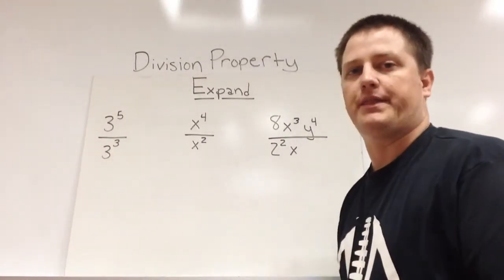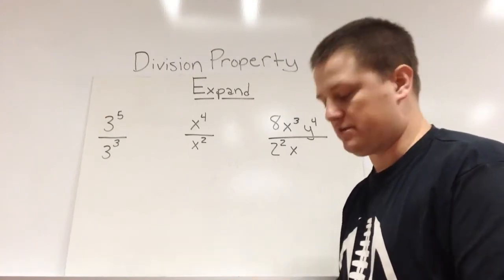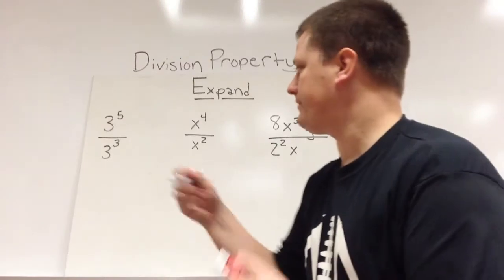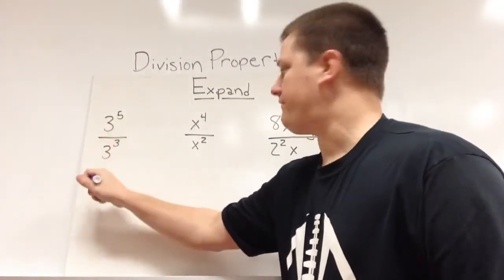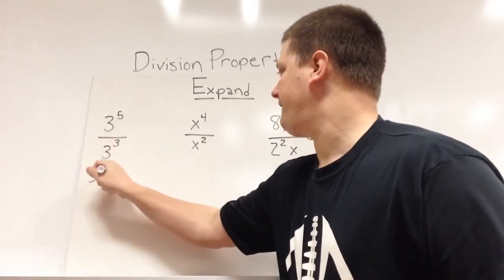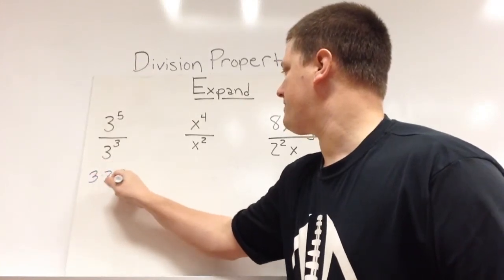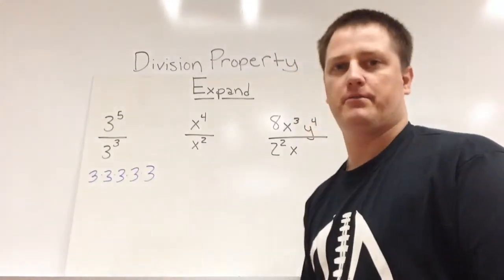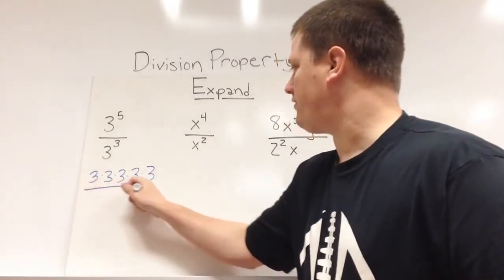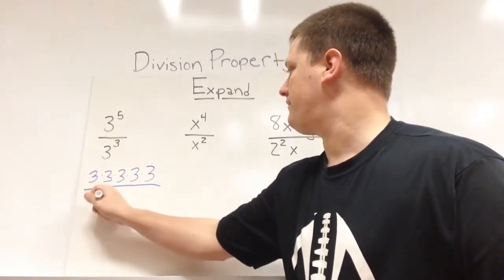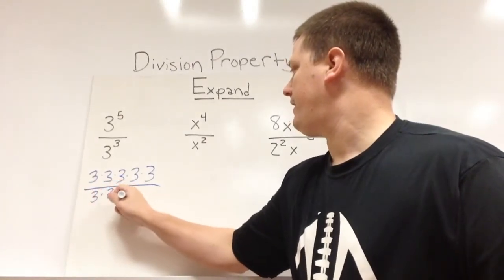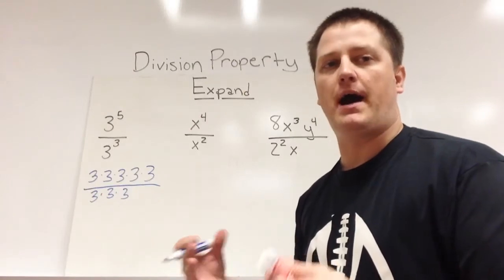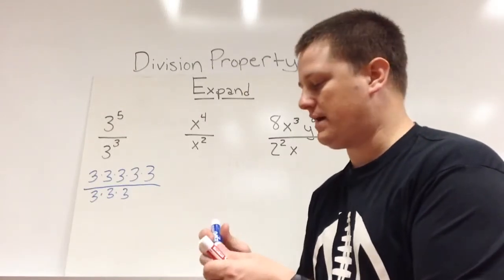So we're going to start with the basics of using expanding. So here we have 3 to the 5th over 3 to the 3rd. Well, 3 to the 5th can be written as 5 3s. 3 to the 3rd can be written as 3 3s. Well, division and multiplication are opposites of each other, meaning they cancel each other out.